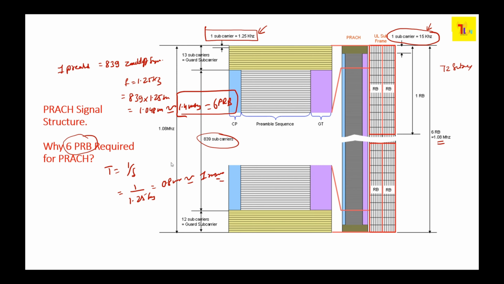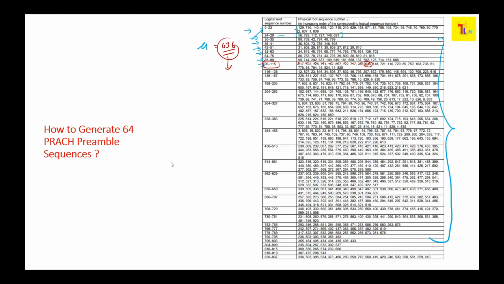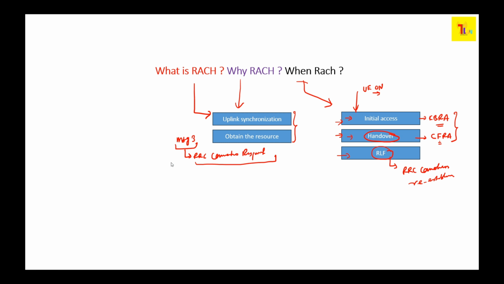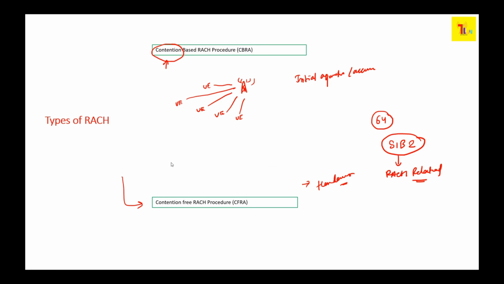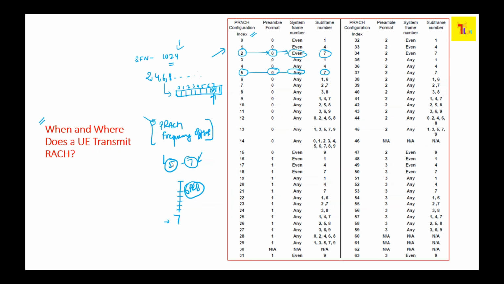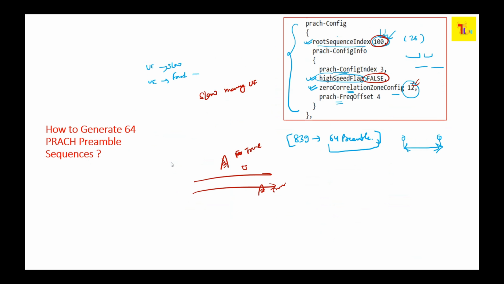Now we have understood what exactly RACH is, why RACH, when exactly RACH is going to be performed, the types of RACH, what the preamble format is, what a preamble is, when and where you are going to transmit that RACH, and how that 64 preamble got generated.